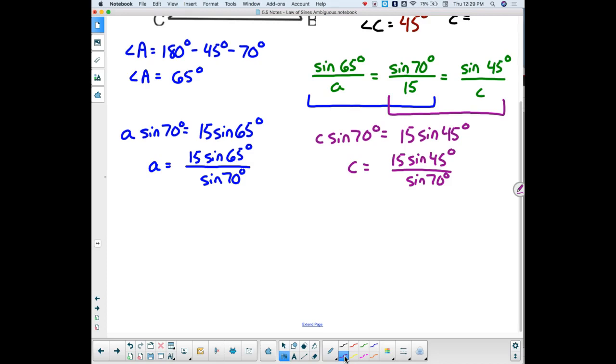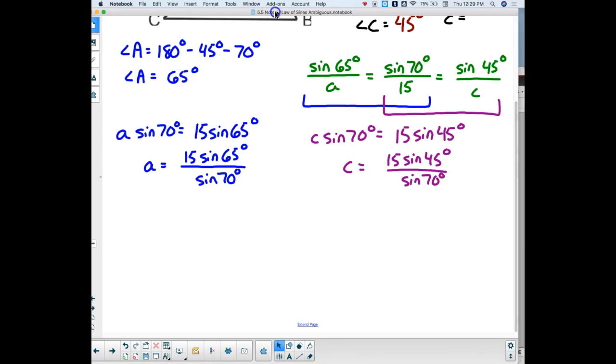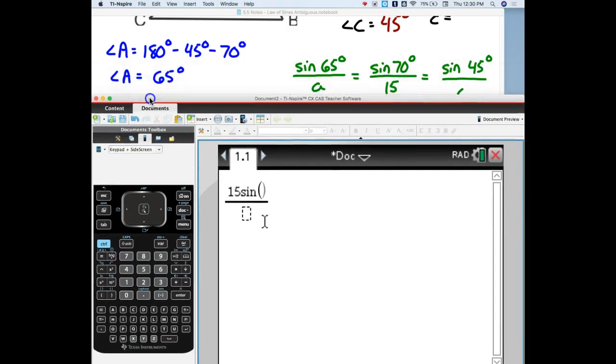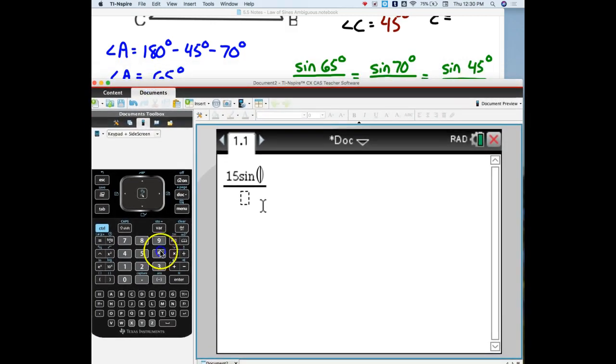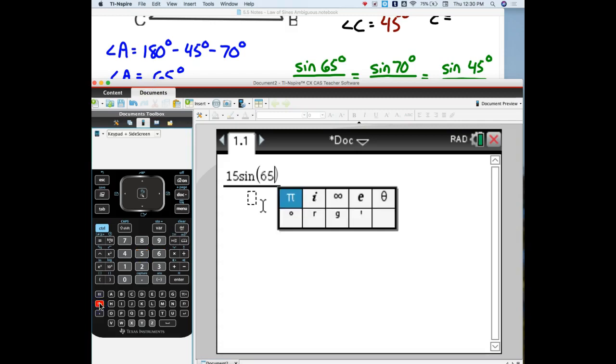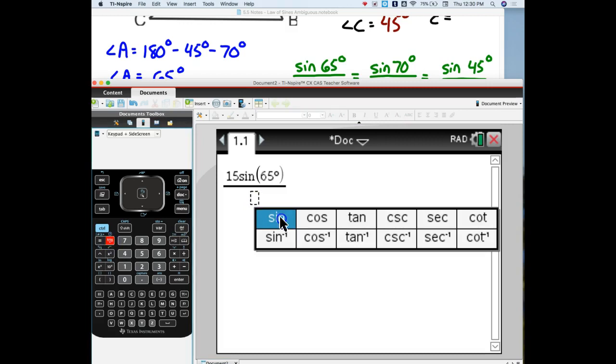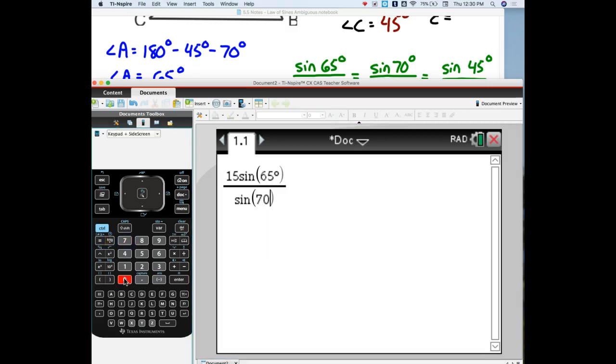So if I go, should be up, there it is. I got 15 times the sine of 65 degrees divided by the sine of 70 degrees.